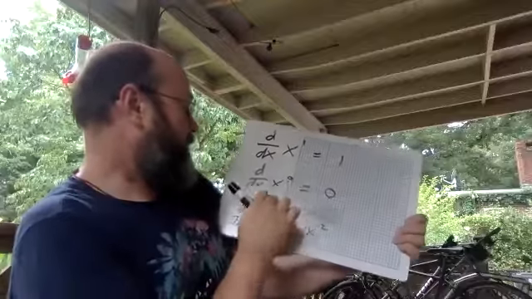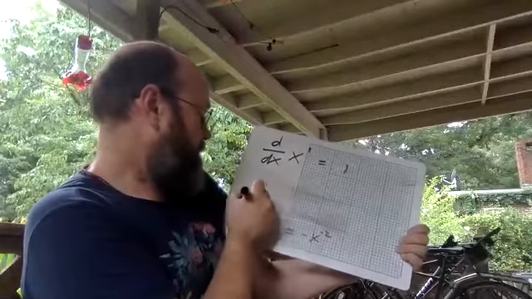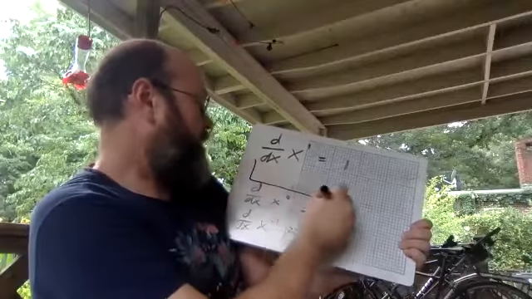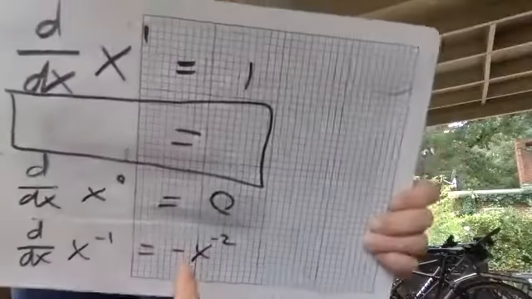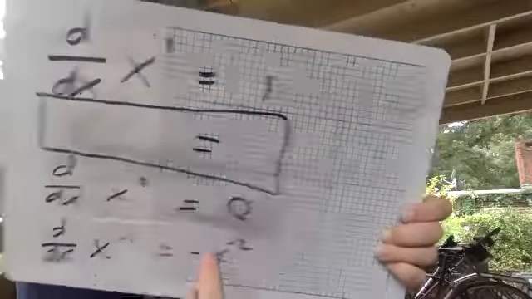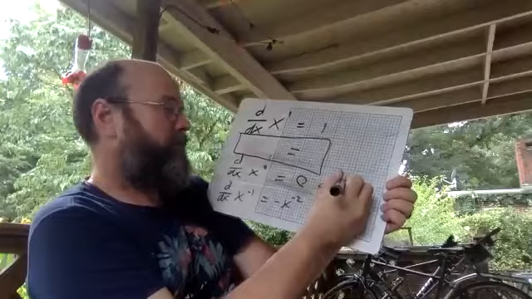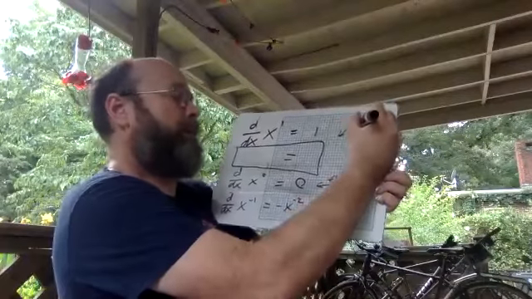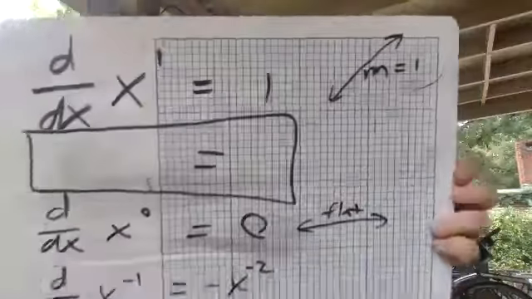What we're looking for is a function that fits here. Some function that grows a little bit faster than 0, that's flat, right? The slope is flat. And a little slower than having a slope of 1. Slope m equals 1.